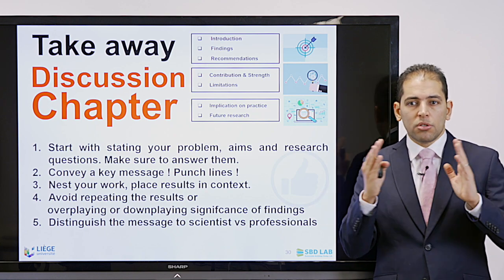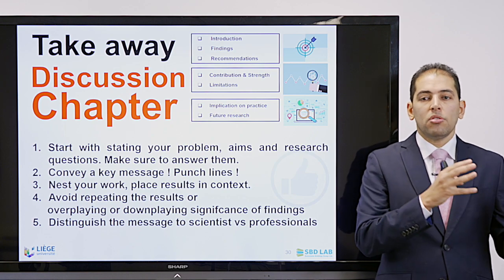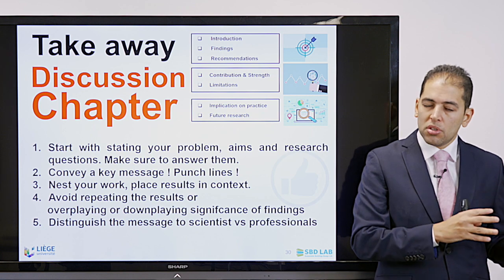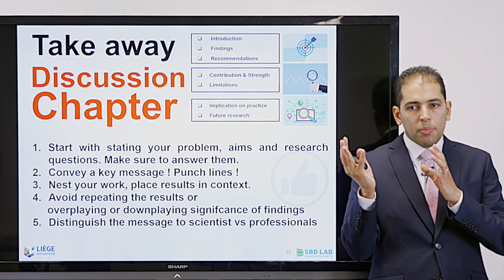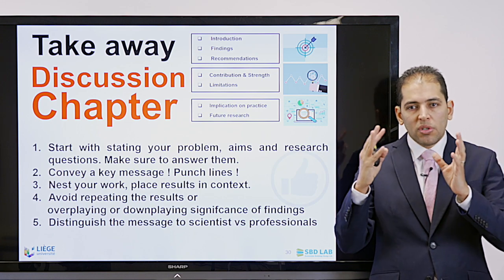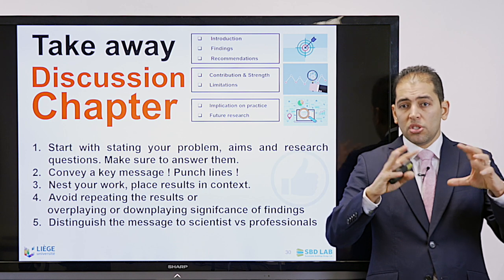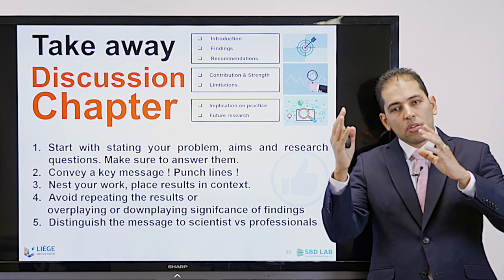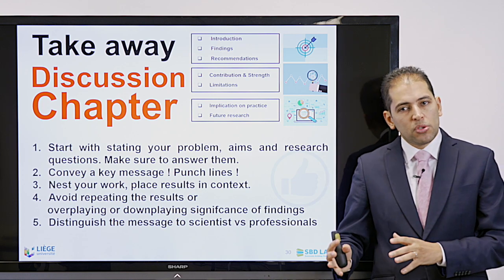So always you are doing yin-yang, back and forth between talking to scientists, the scientific community, the research, and talking to the professional community. Those variations are part of the discussion section, and they have to go in a very smooth way in the middle section, contribution, strengths and limitations. On the scientific level, the findings are scientific, recommendations professional, implications professional, and future work scientific.